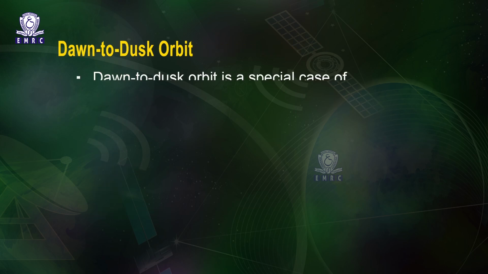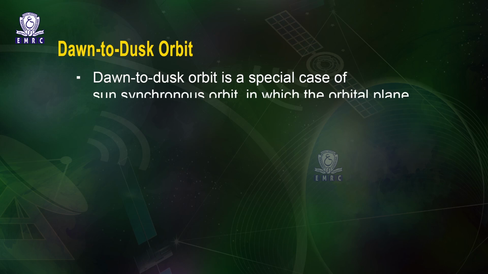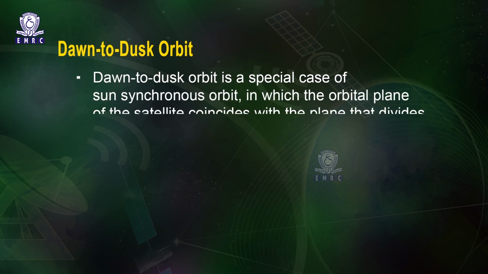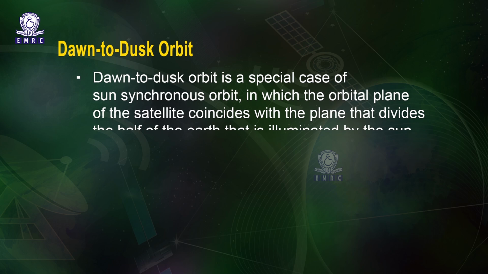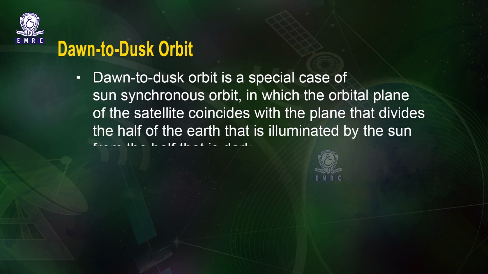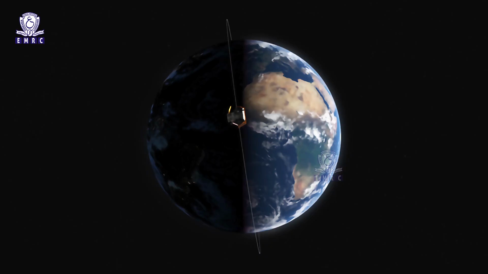A dawn to dusk orbit is a special case of sun synchronous orbit in which the orbital plane of the satellite coincides with the plane that divides the half of the Earth that is illuminated by the Sun from the half that is dark. If the plane were aligned slightly differently, the satellite would spend half of its time in full sunlight and half in shadow, but a dawn to dusk orbit allows the satellite to always have its solar panels illuminated by the Sun.